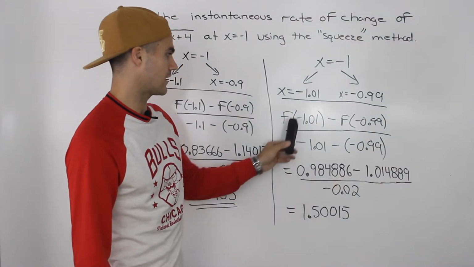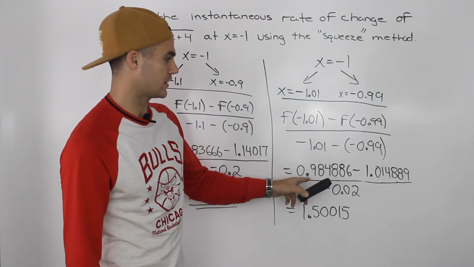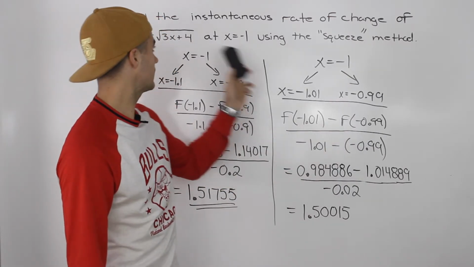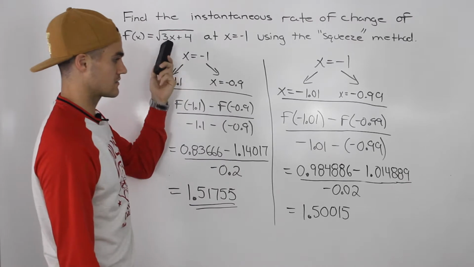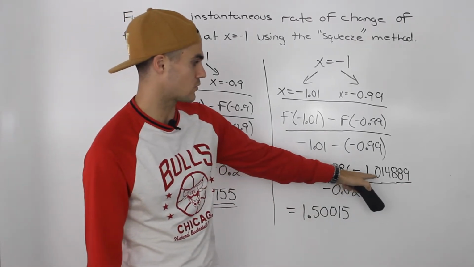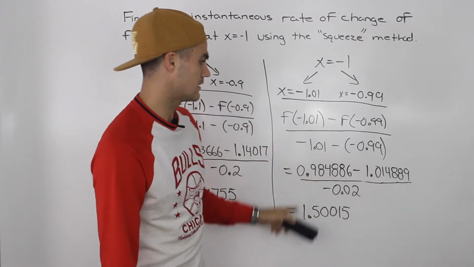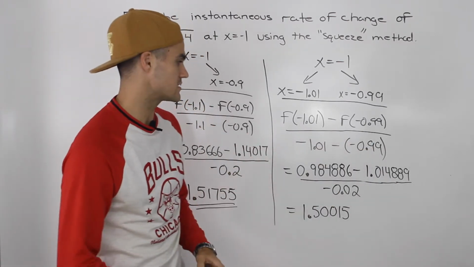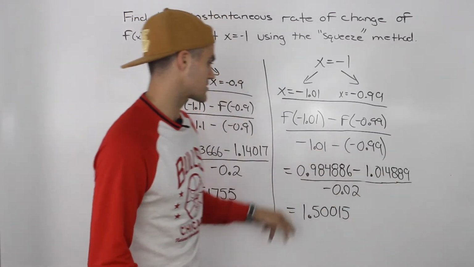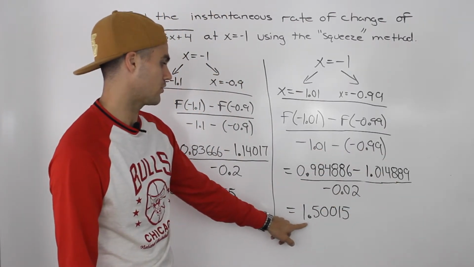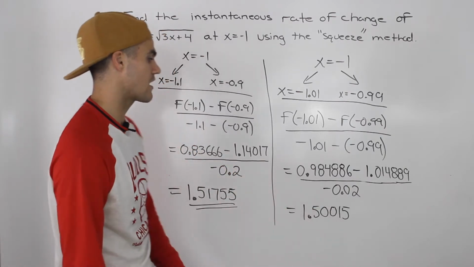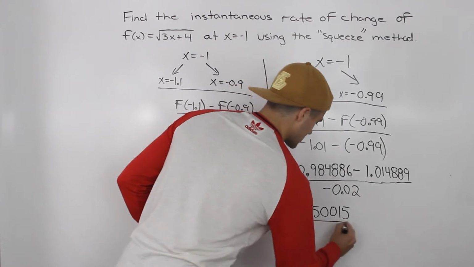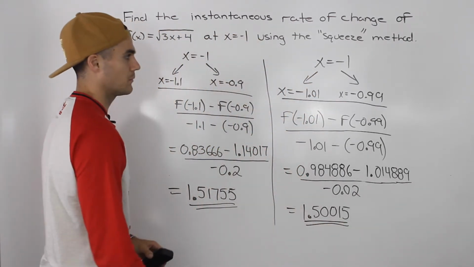So if you plug all of that in, f of negative 1.01 would be 0.98486. f of negative 0.99, if you plug in negative 0.99 for the x value in the function, you would end up getting 1.014889. That's going to be divided by negative 0.02, which is what the denominator simplifies to. And then when you simplify this whole expression in your calculator, you would end up getting 1.50015. So notice that the tighter of an interval we are using, it's approaching this value of 1.5.